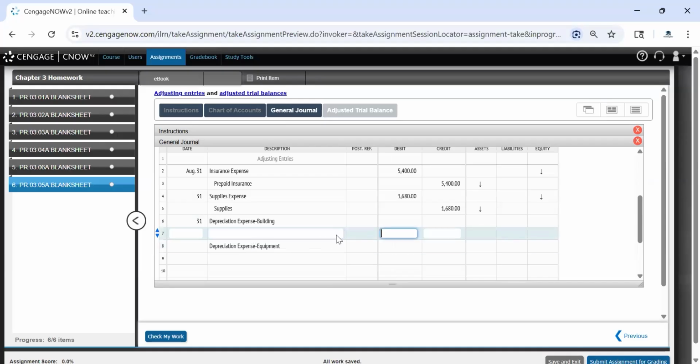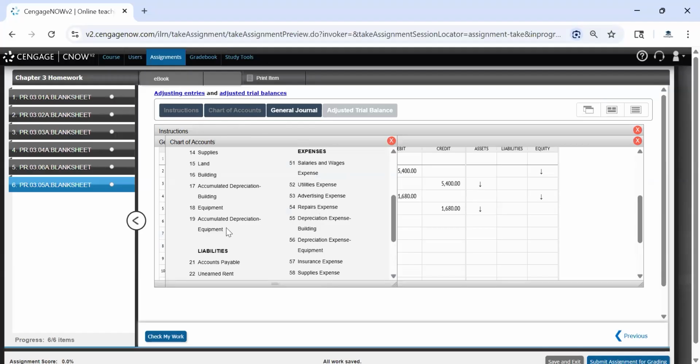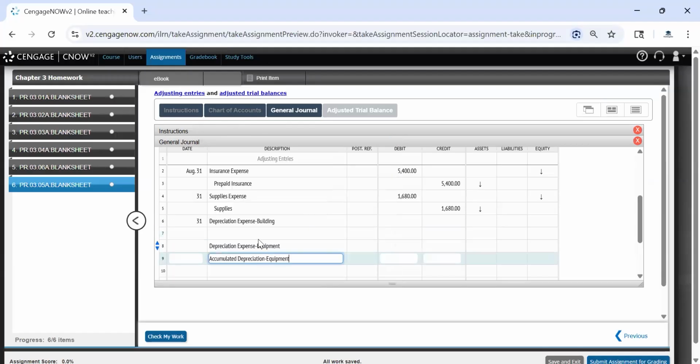And I'm just entering both the debits at once and then going to the chart of accounts. And I'm going to enter in the credits, which is the accumulated depreciation on both of these. This is just because this is what makes it faster for me to enter it.